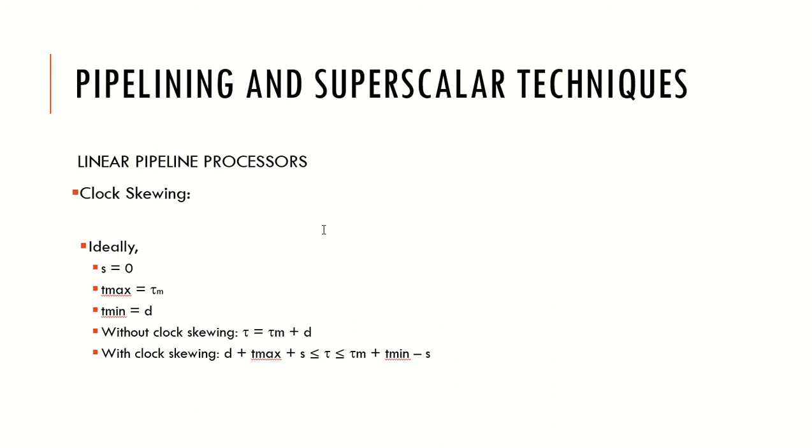So if you don't have a clock skewing problem, which means you don't have a difference, you don't have an offset, S is equal to 0.